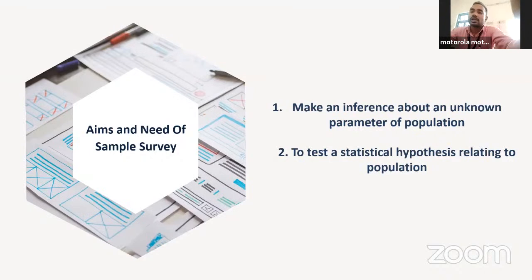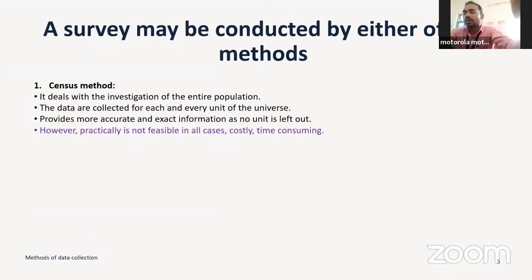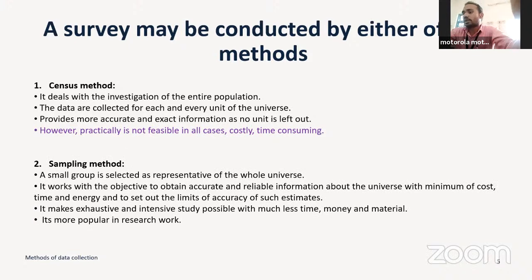But if you see, studying the whole population is practically not feasible. I give you one easy example. You may know that the government of India, every decade, counts the population of India. At that time they collect data for each and every person present in our country.